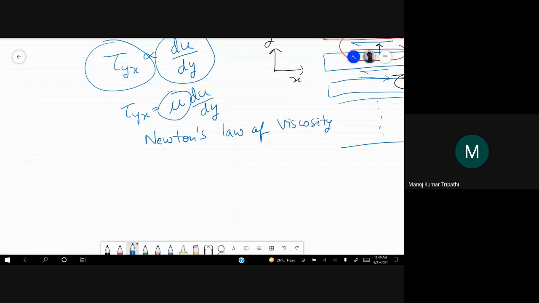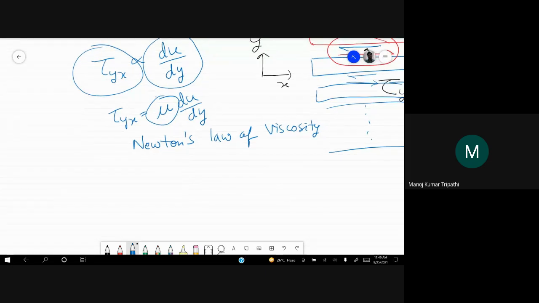And this is of course not valid for all the fluids. This is valid for simple fluids like water, air. For complicated fluids like cornstarch solution, shampoo, paint, blood, this law is not valid. Tau yx is some other kind of function of du by dy.